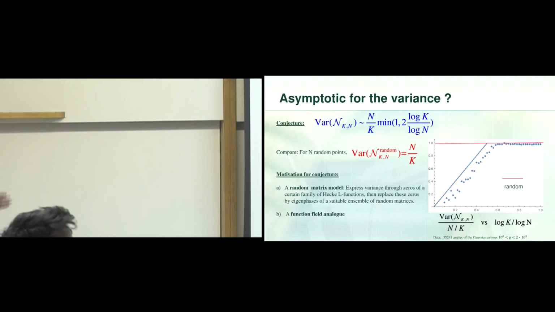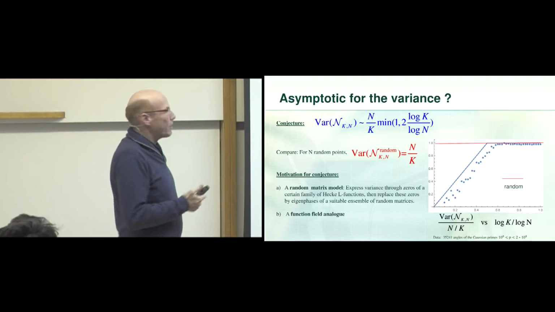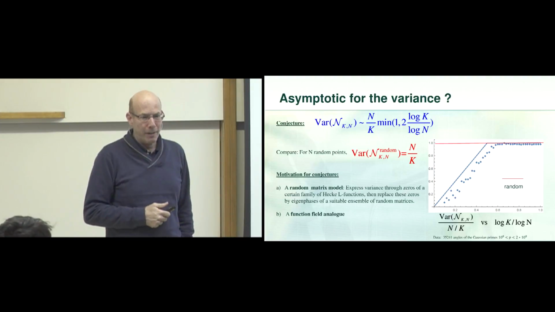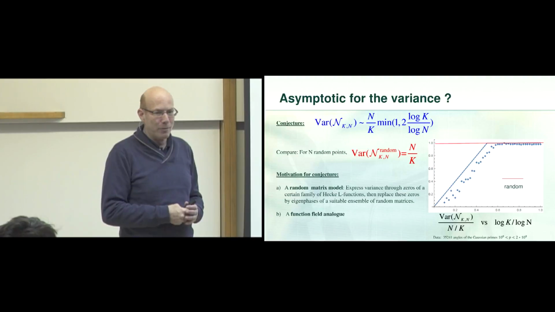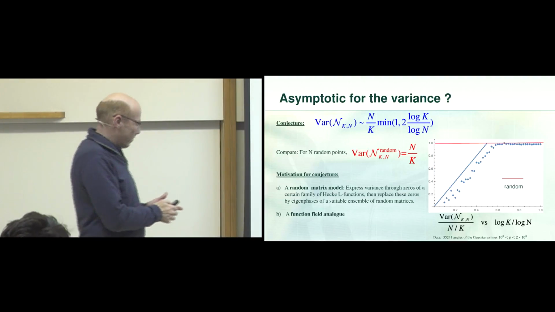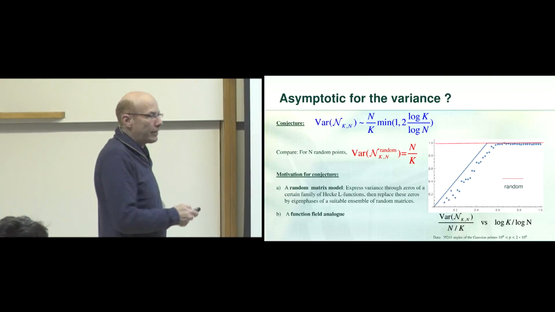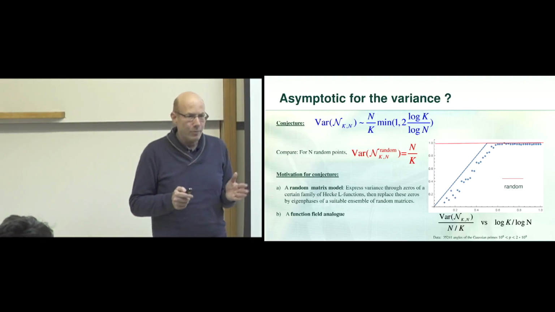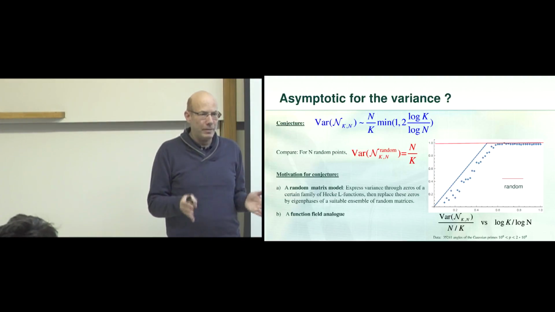Okay, now to go to Ophir's question. That was an upper bound. We have a conjecture for the actual asymptotic of the variance. So the variance is useful, something you start studying for its own sake. And here's the conjecture. You compare it with what happens for n random points divided into k bins. So here's an exercise. You take n random points in the unit interval, divide them into k bins.